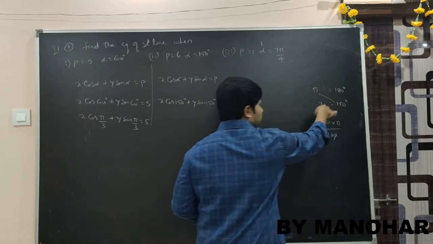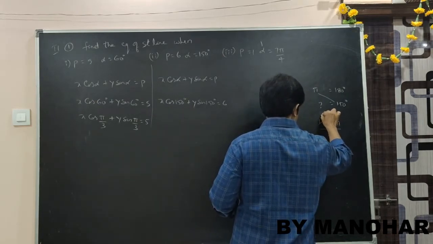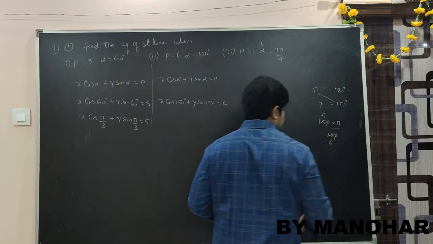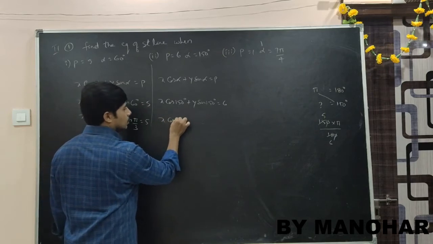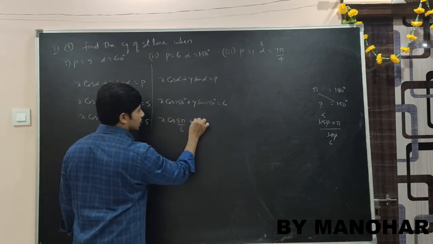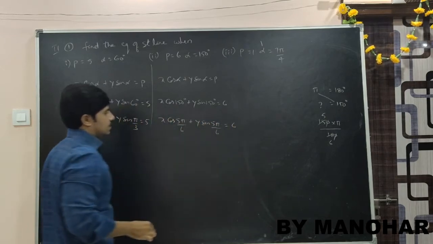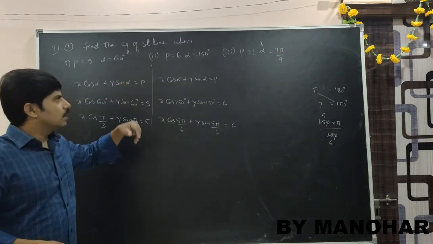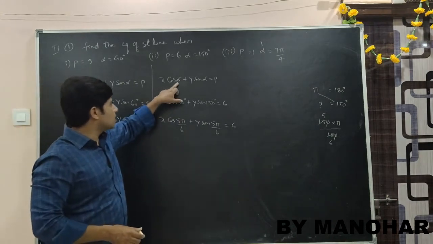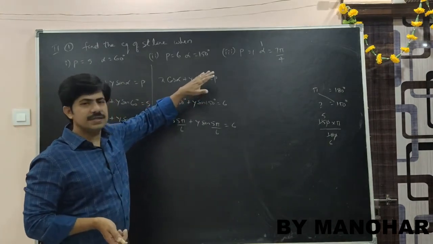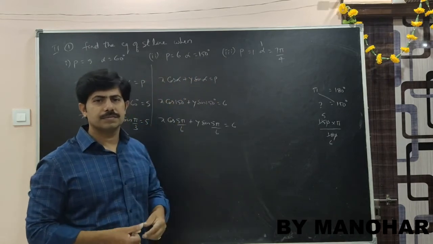The zeros we can cancel, 3 fives are and 3 sixes are, so it is clearly 5 pi by 6. So x cos 5 pi by 6 plus y sin 5 pi by 6 is equal to 6. Now for the next problem, just directly substitute: x cos 7 pi by 4 plus y sin 7 pi by 4 is equal to 1. Only one step answer. You try that problem.